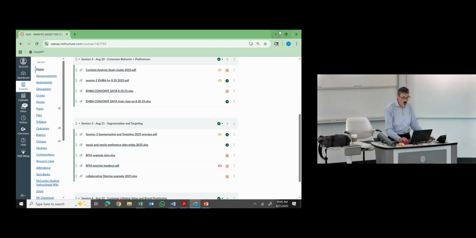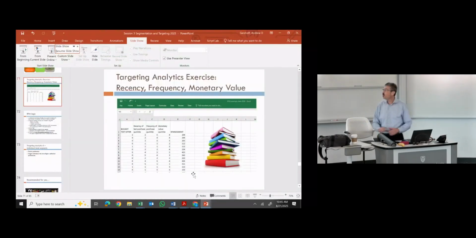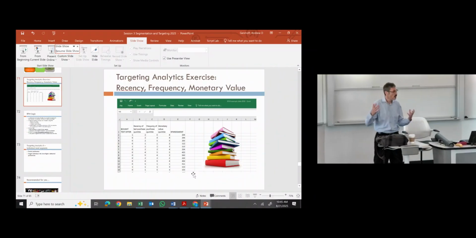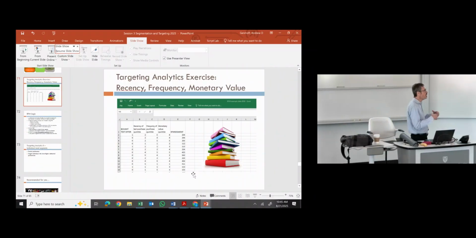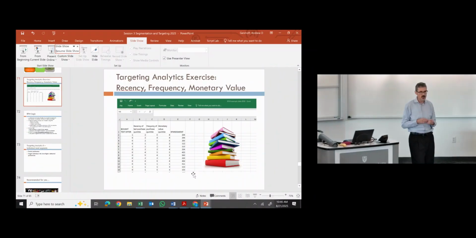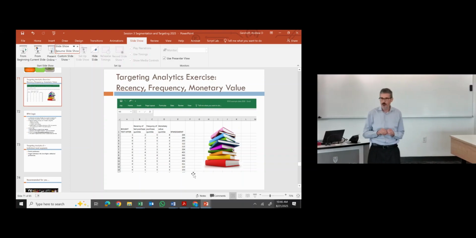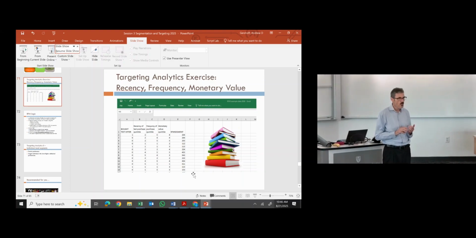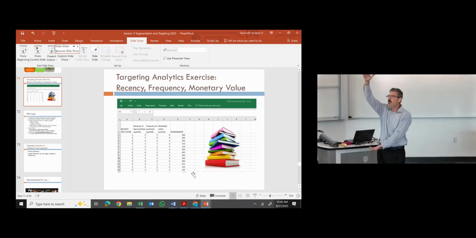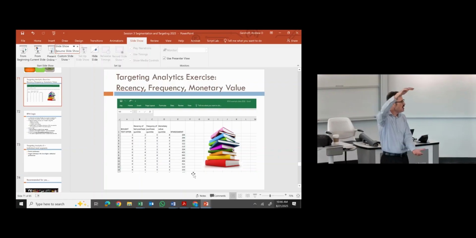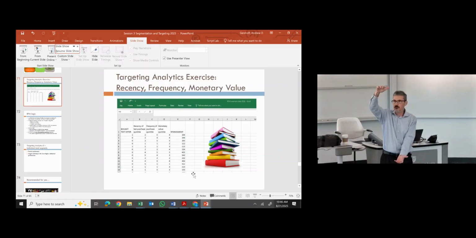Essentially, you have your book publisher. This is actual real data from a real book publisher. It's been doctored a little bit, but it's basically real data. I've got a list of 50,000 existing customers.